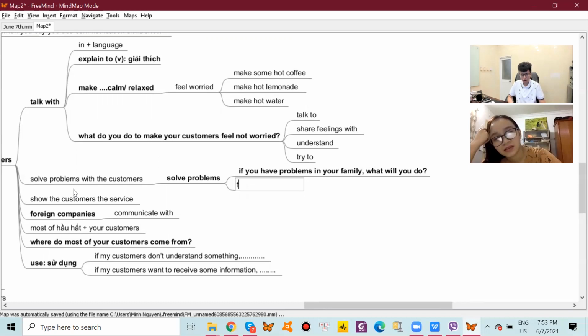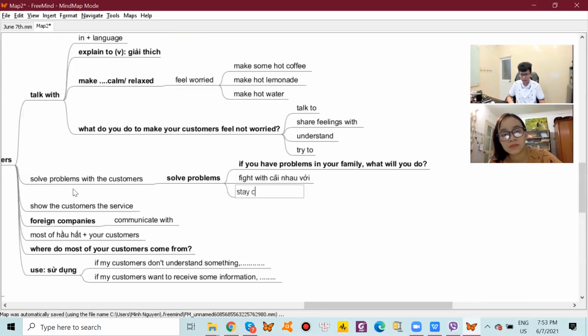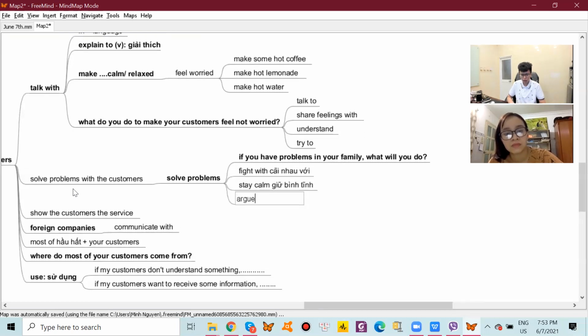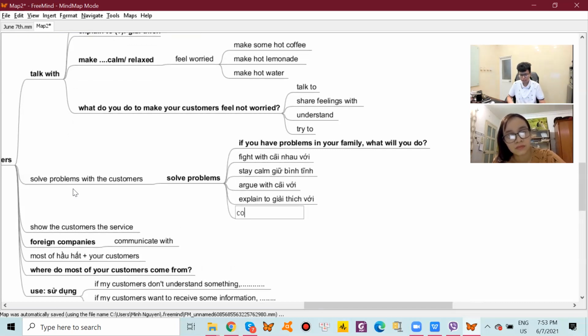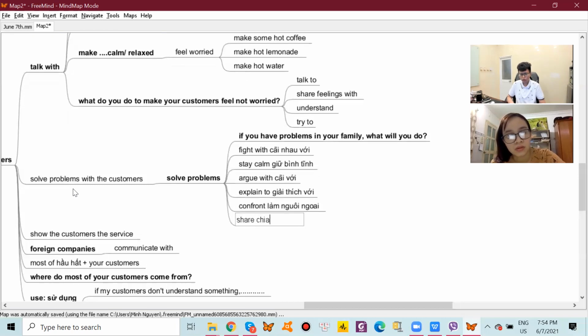You will fight with your family members, or you will stay calm, for example, or you will argue with your husband, or you will explain to your husband, or you will confront your husband, or you will share your emotions with your husband or your daughter.